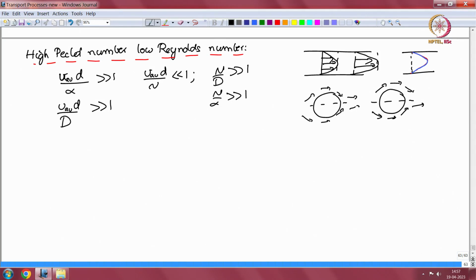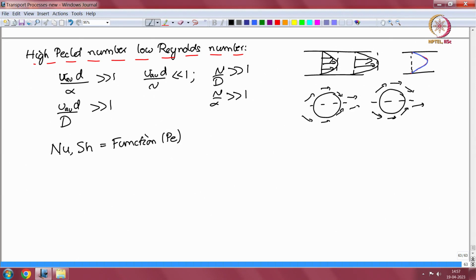So, in this case the Nusselt number and the Sherwood number are functions of the Peclet number alone. This is specific to low Reynolds number and high Peclet number transport.